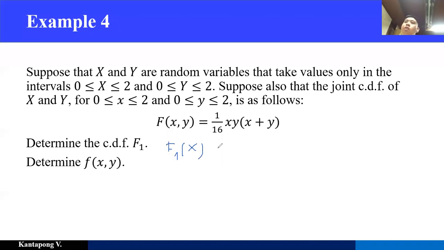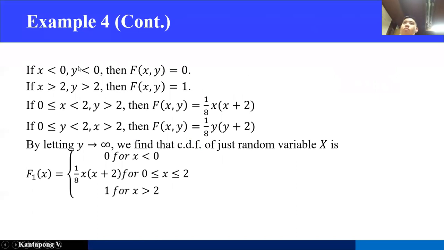We have to get rid of y by taking y to infinity, and since we have the CDF, we can get the PDF by taking the partial derivative two times. First, we have to define the cases.